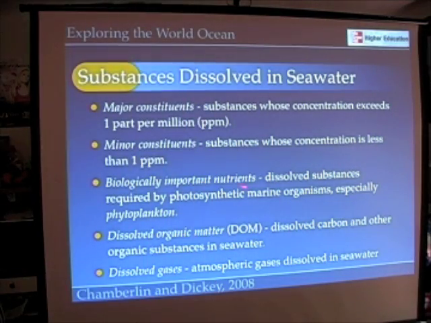These are things that are not only required by those microbes, but mostly by a group of photosynthetic microbes known as phytoplankton. And we came across that word once before, but if you remember anything at all in my class, and if 80 years from now you're thinking back on my class and trying to remember what you learned, remember this word, the phytoplankton. They are, to my way of thinking, and arguably, the most important organisms on Earth.